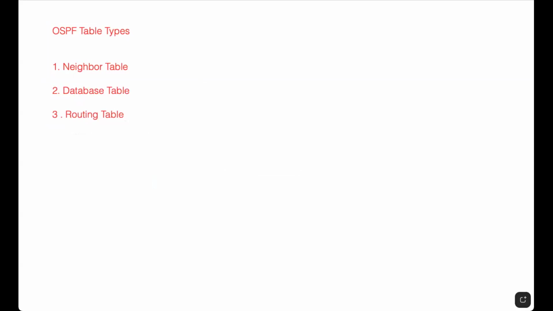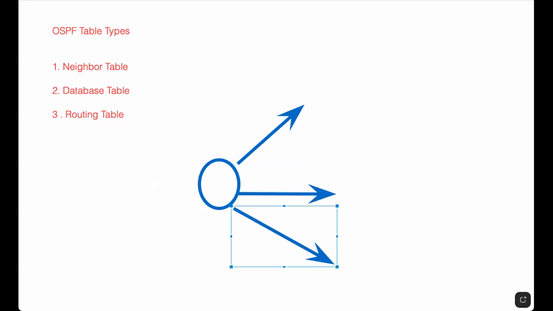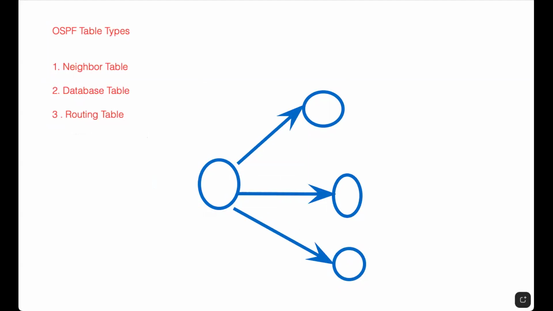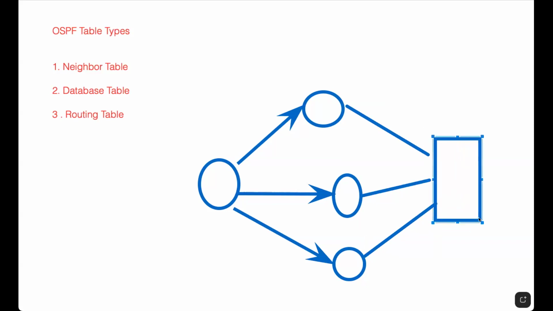So let's say this is R1, this is R2, this is R3, this is R4.